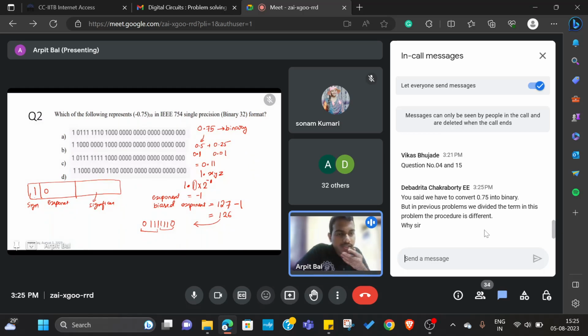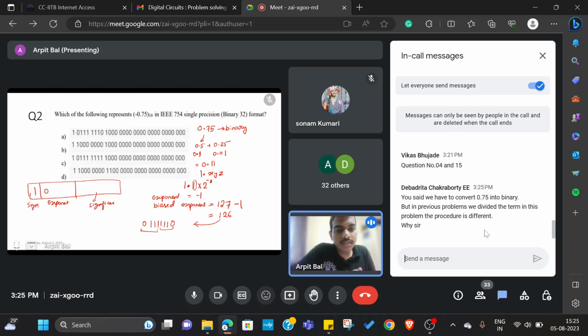There's a question: I said convert 0.75. Yeah, Devadirita, that's true. Whenever you have something after the decimal point, we follow the multiplication method. It was described in the previous live session that we had, so you can go through that again.